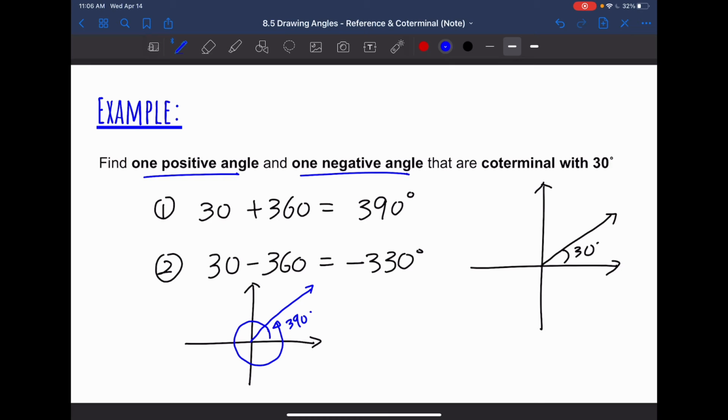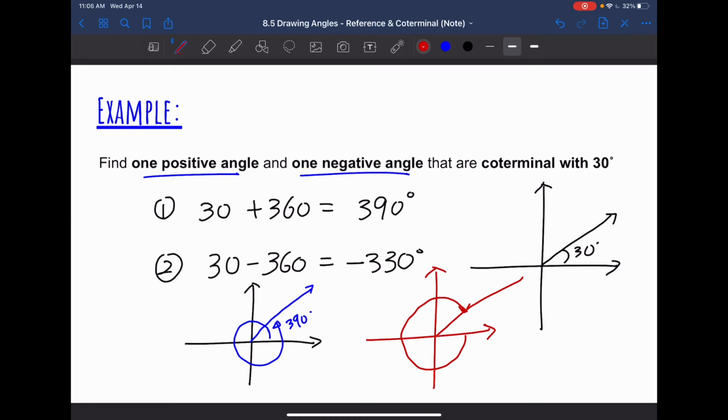Right, same thing. And for the negative 330, I'm going in the different direction. It's negative 180, negative 270, negative 330. See? Same positions. So it's called coterminal angles.